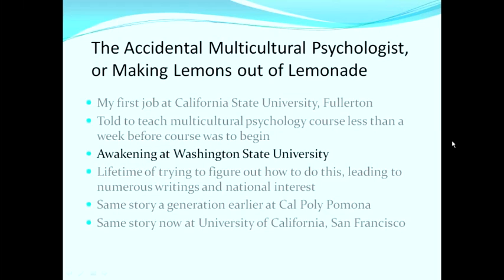So my awakening in the multicultural arena came at Washington State University. As I said, even though I was teaching the multicultural course, it really wasn't part of my identity until Harry Broad came to campus and said how important it was to connect with your own community. And then I started really internalizing this.